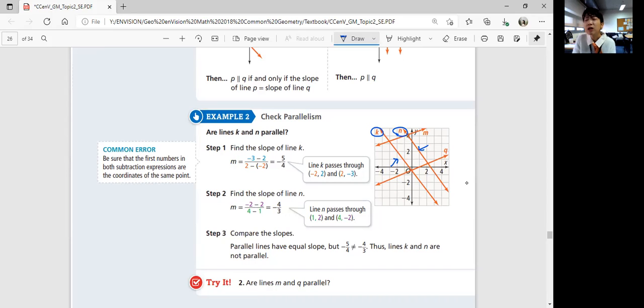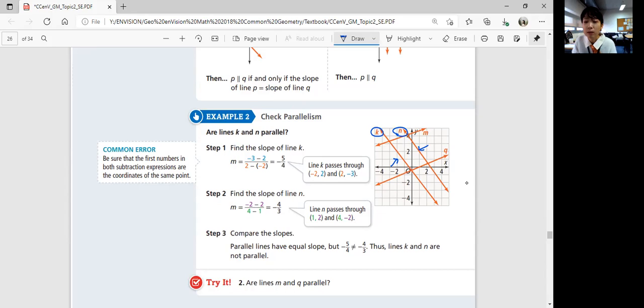For example, 0.00001 and 0, are they really equal to each other? Well, they're really close, but they're not the same thing, right? So you always have to check the slope of the line to say that they are parallel or non-parallel.